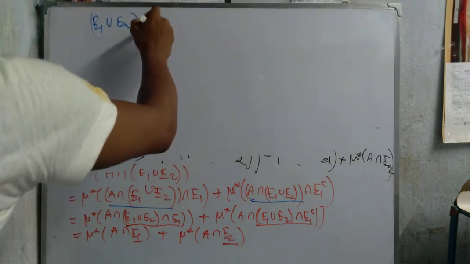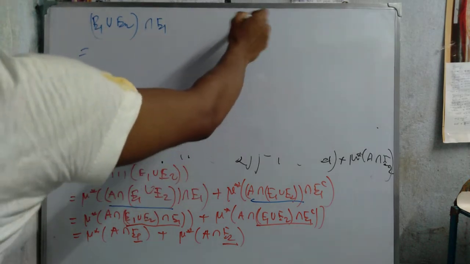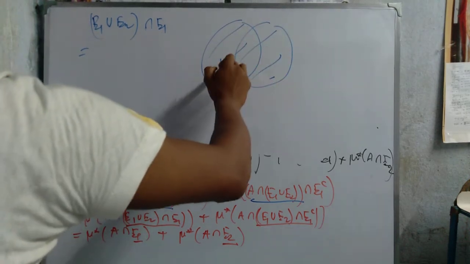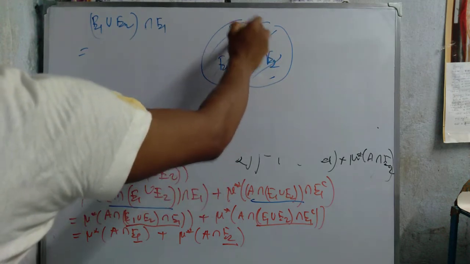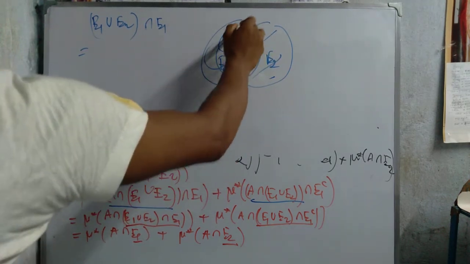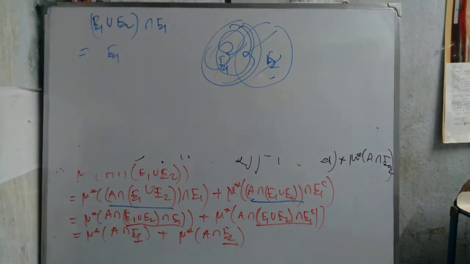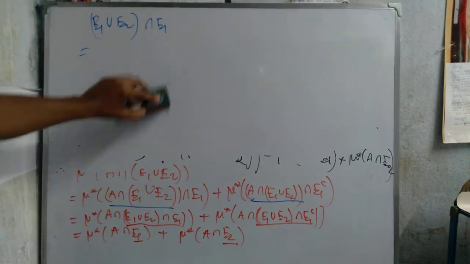Intersection E1, you know about that. If you draw the Venn diagram of E1 and E2, the union is that portion, this one E1, this one E2, then intersection with E1 equals just this one, that means E1. From the Venn diagram you can also see that. But we will not use the Venn diagram now.